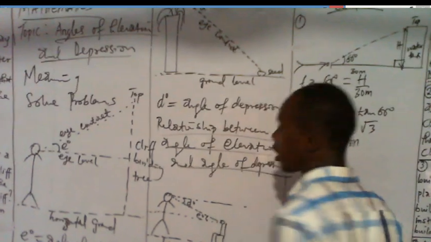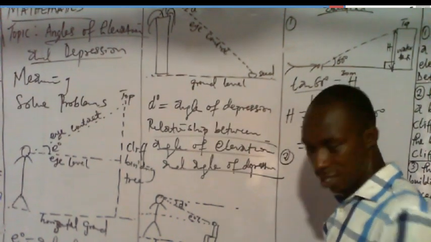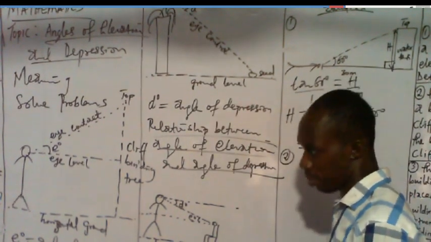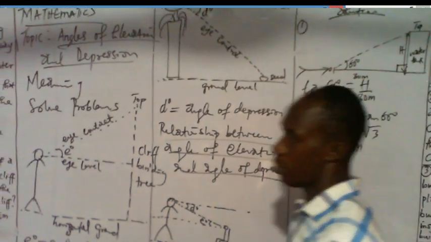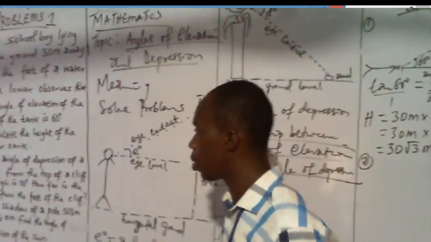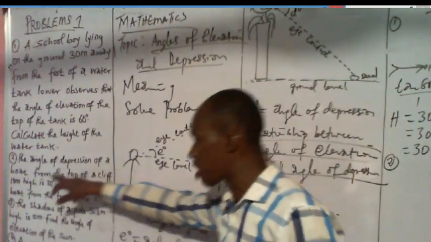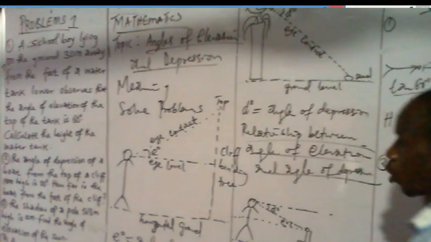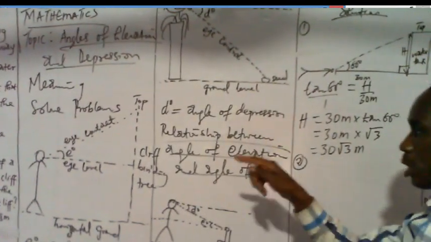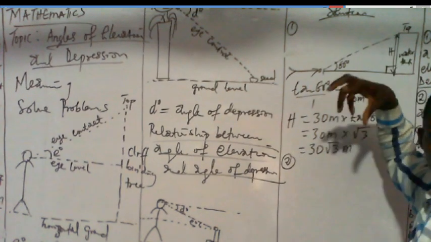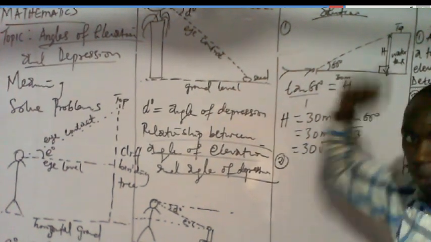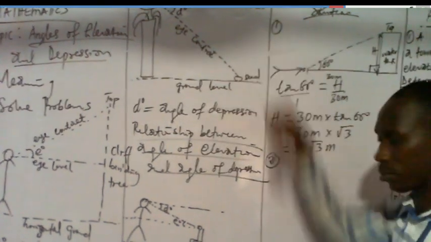They are necessarily higher than whoever is taking observations below them, and that would involve angle of elevation. So the angle of depression of a boat from the top, so depression from the top, meaning the angle is formed at the top. Whenever you are told from, that is where the angle is formed.